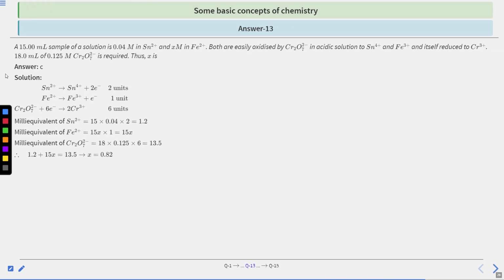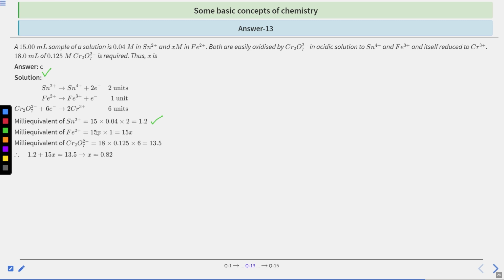Okay, so the answer will be C option. How? These are the reactions involved in this question. Sn is converting from 2+ to 4+, losing 2 electrons. Iron is converting from 2+ to 3+, losing 1 electron, and Cr2O7 is gaining 6 electrons, becoming 2Cr3+. So the milliequivalent of Sn2+ will be 15 multiplied by 0.04 multiplied by 2, and it is coming out as 1.2.